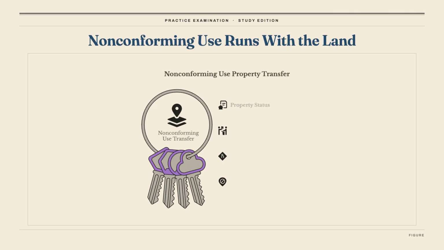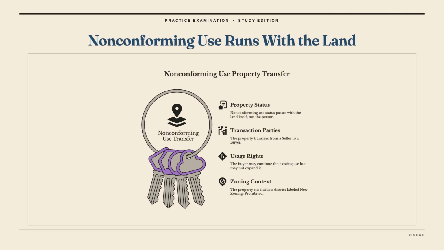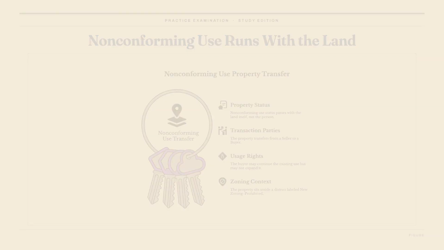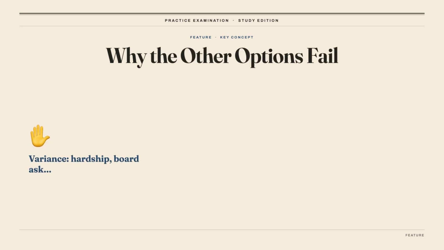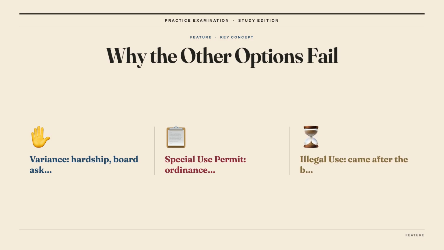The status attaches to the land, not the owner, so a buyer can continue exactly what the seller was doing, but cannot treat the sale as a fresh start to expand. A variance requires someone to ask a board for relief from hardship, and a special use permit covers a use the ordinance already contemplates under stated conditions. Neither applies here, because nobody applied for anything, and the use predates the ban rather than violating it.